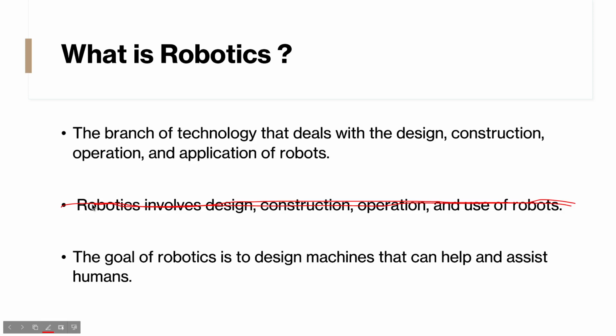But it is just a branch of technology which will help us in the design, construction, operation, and everything related to robots. Every management of robots is called robotics. The branch which deals with the management of robots is known as robotics. You can say this, okay?